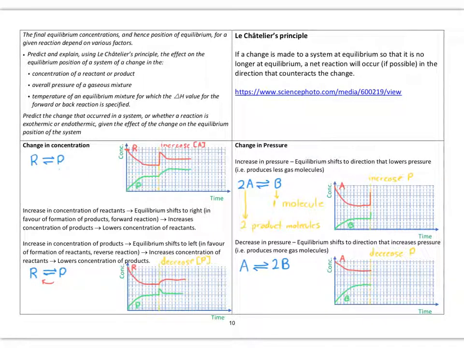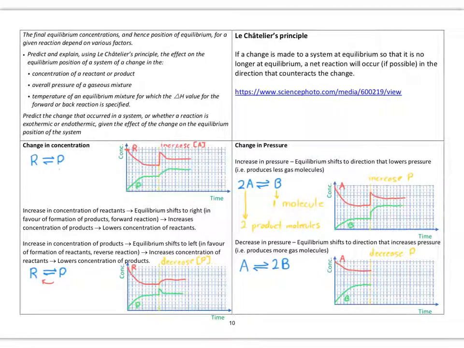It's going to want to have more products, because that is going to lower the pressure. So what will happen here is that the amount of products will increase and the amount of reactants will decrease, so that we have more of B, which means fewer molecules. Fewer molecules need less space, therefore less pressure.